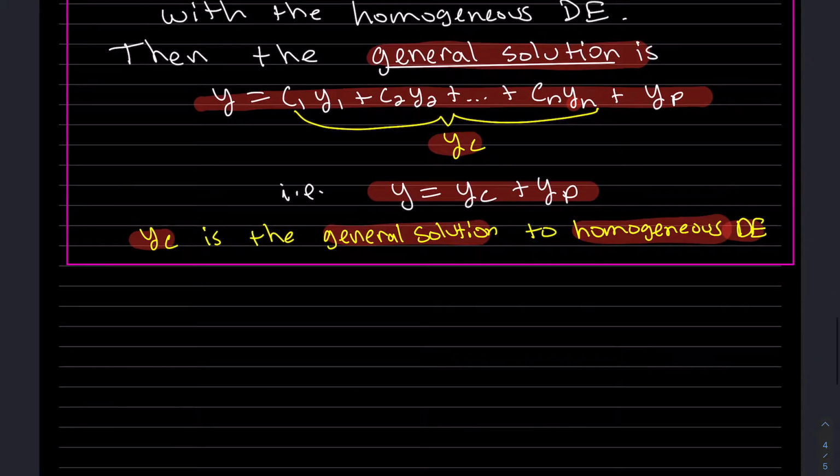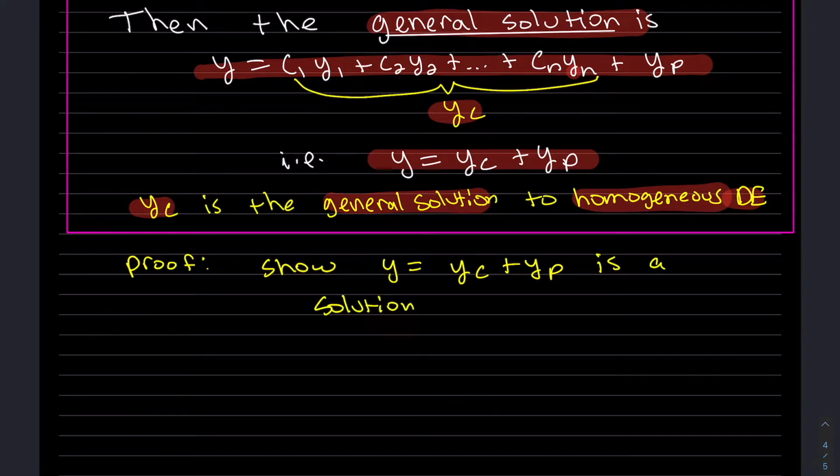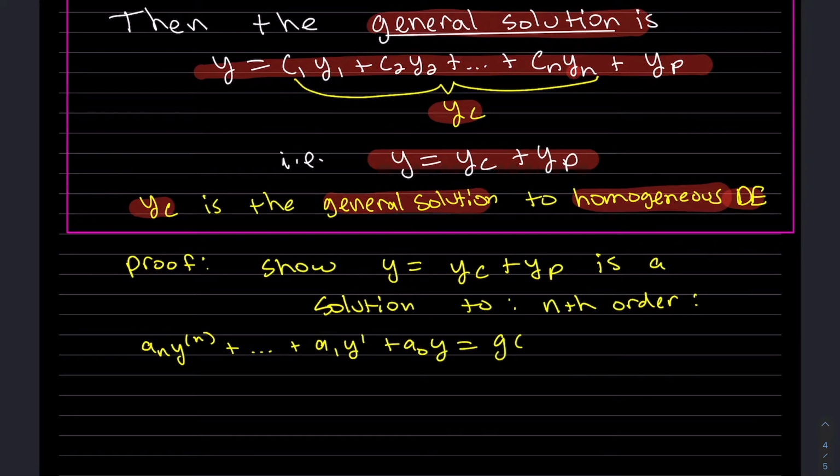I do want to prove this, but again, it's a simple proof using the linear operator. So let's just write it out really quick. We need to show y equals yc plus yp is a solution to the nth order non-homogeneous equation, a_n y^(n) plus ... plus a1 y prime plus a0 y equals g of x.